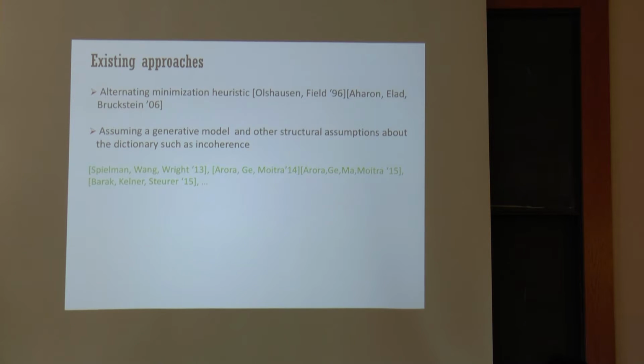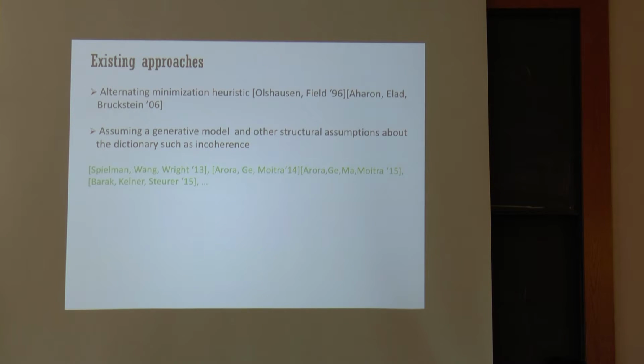The existing approaches either use an alternating minimization heuristic, or assume some generative models and structures about the dictionary. In theory, we have the works by Spielman et al., and with Sanjeev and Rong and Moitra, and David also had works on this.